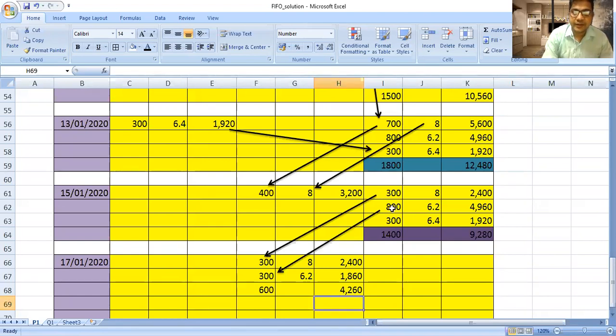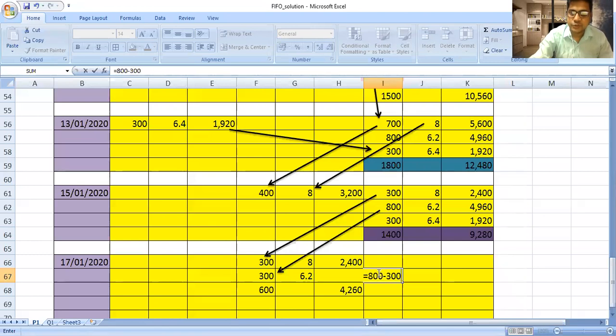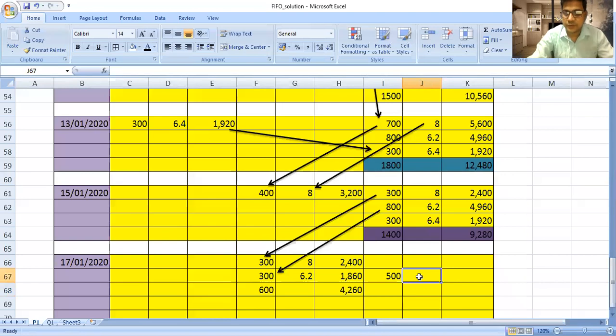Now the rest of the units we have is 500. How will we calculate the 500? 800 minus 300 sold, so 500 remain. Their rate is 6.20.